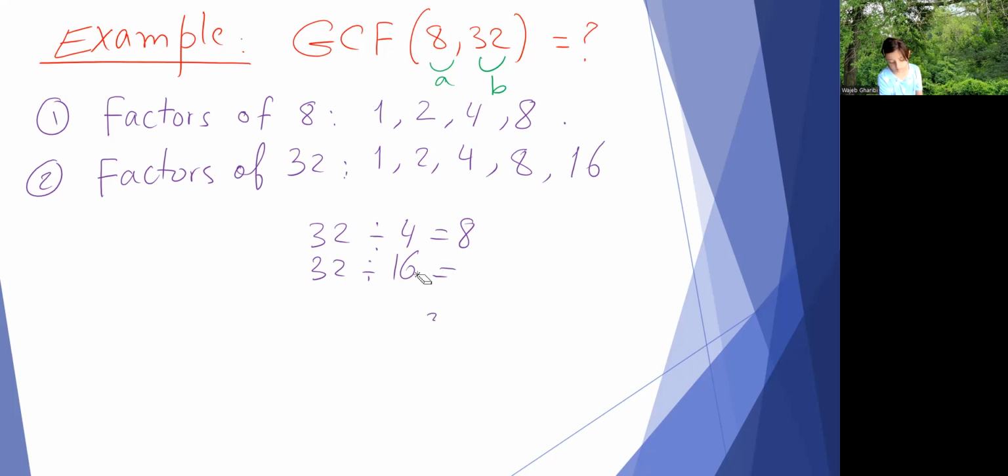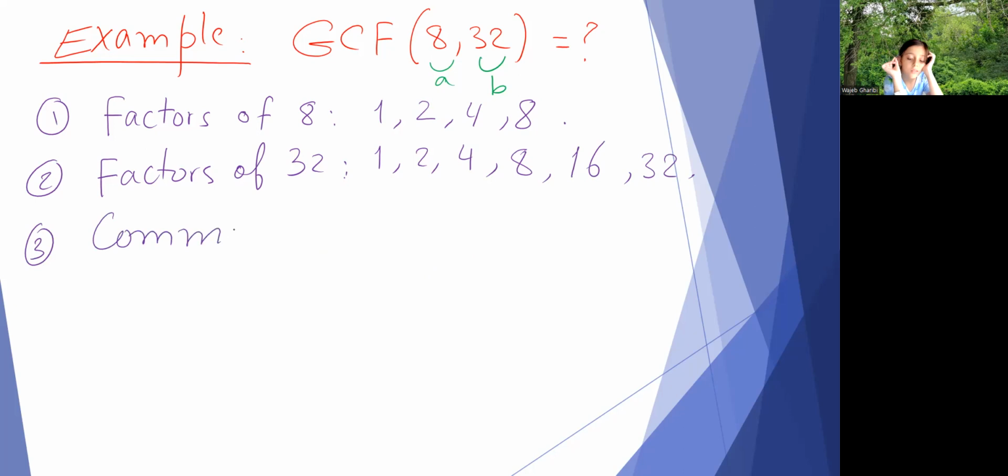So 16 is a divisor of 32, or 16 is also a factor of 32. How about 17? No. 18, 19, 20, no. So what is one more? 32 itself.